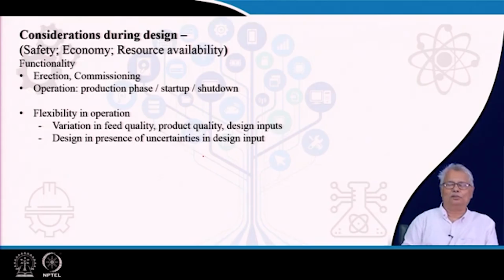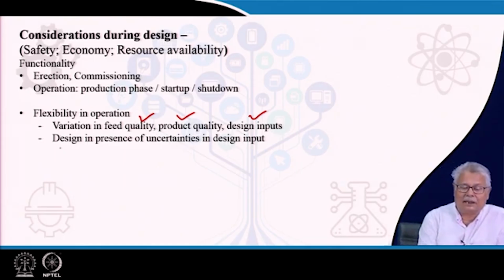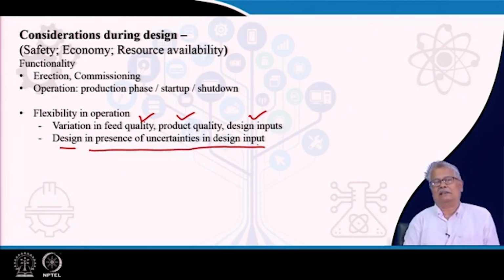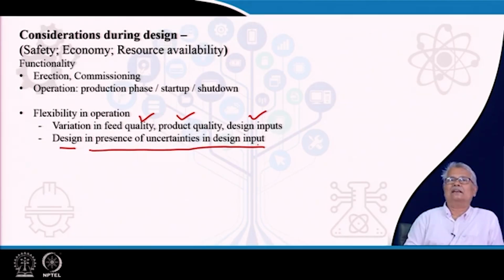It has to cater to variation in feed quality, the product quality demand and certain uncertainties in the design inputs. So, we definitely have to be concerned about designing a plant in presence of uncertainties in the inputs to the design. I just would like to add two things here.